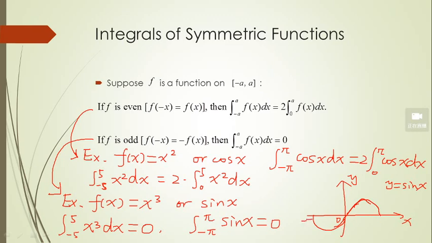So this is minus pi to pi. Of course, those two parts should be symmetric to each other. And this part, the area is minus sine. This part is plus sine. This part is plus sine. This part is minus sine. So the net area should be 0. Okay, should be 0.